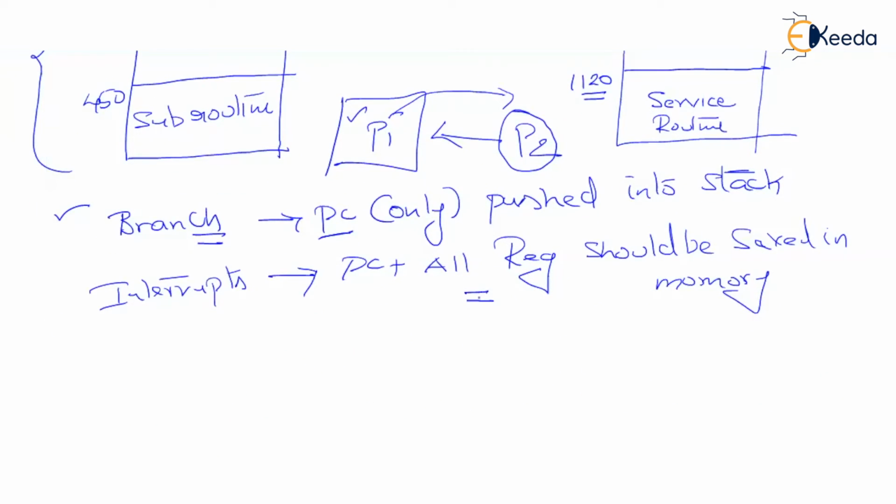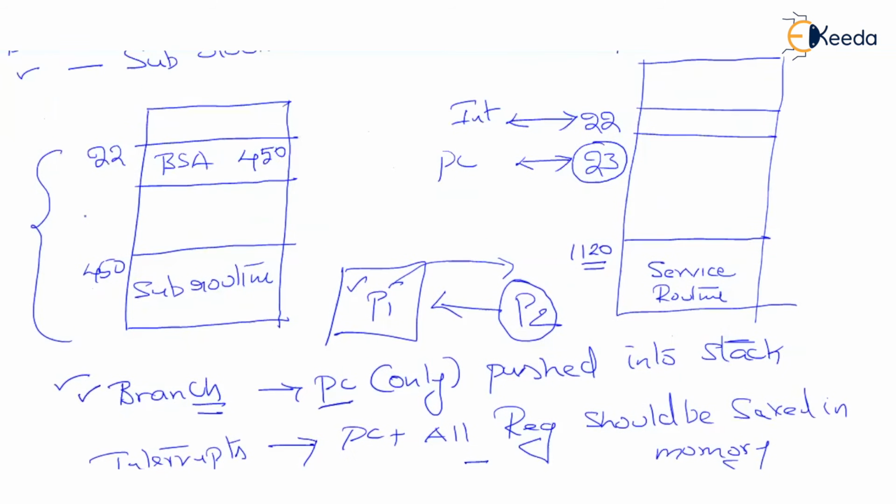Now, the important thing is, during branches, the address of the subroutine is available within the instruction itself, right? The branch instruction does contain the address of the subroutine. So taking that subroutine's address, we will be branching to the specific subroutine.